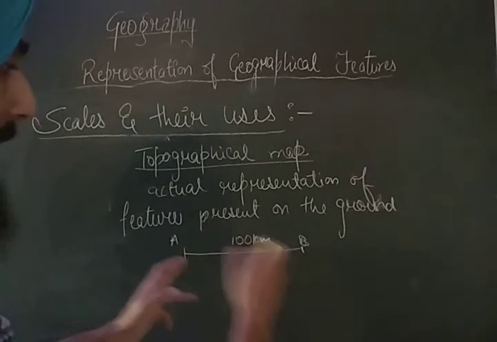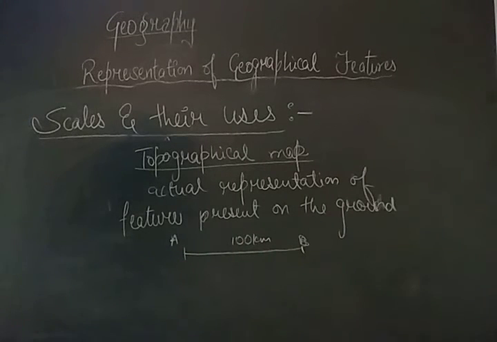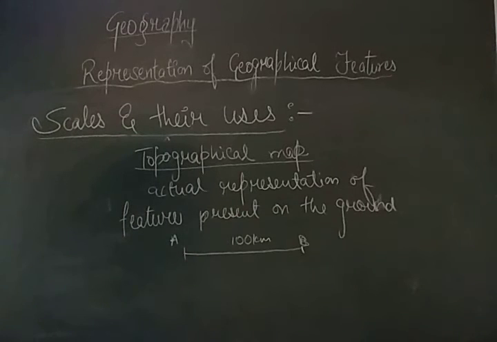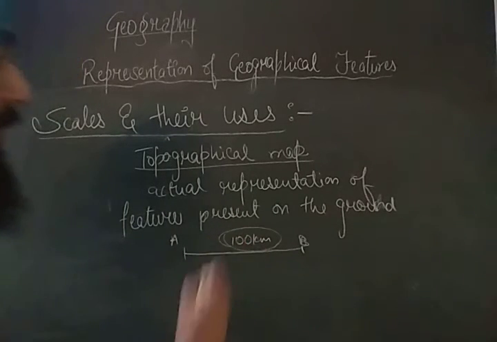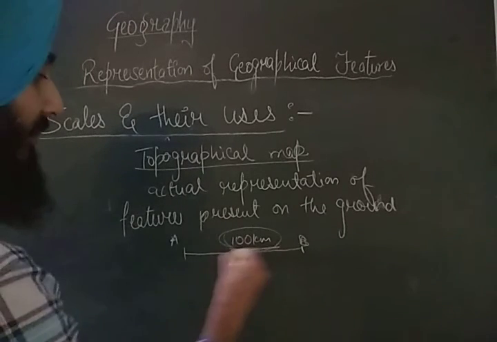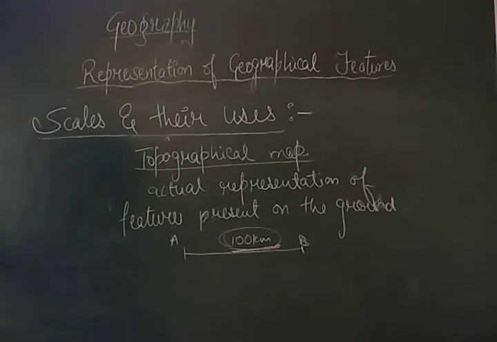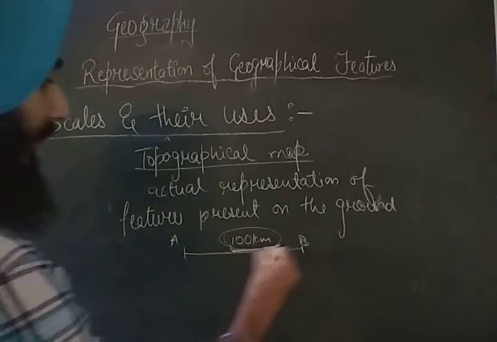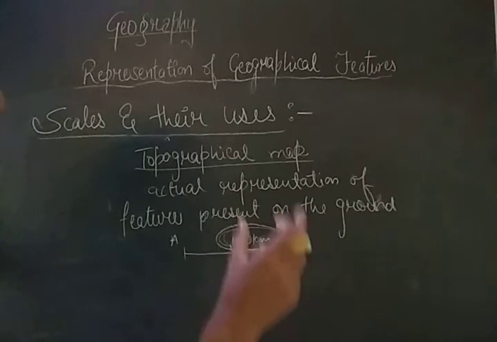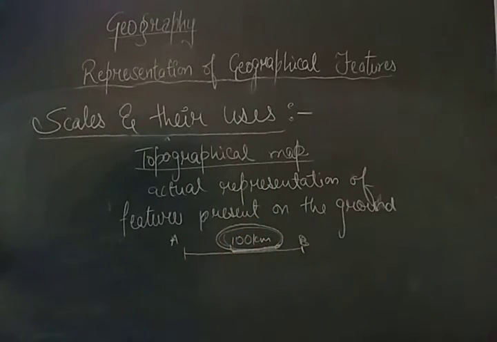Could we draw 100 kilometers to represent the actual distance on the ground? No, we are not supposed to draw exactly 100 kilometers. What we will do is reduce this distance so that it fits comfortably into the sheet.